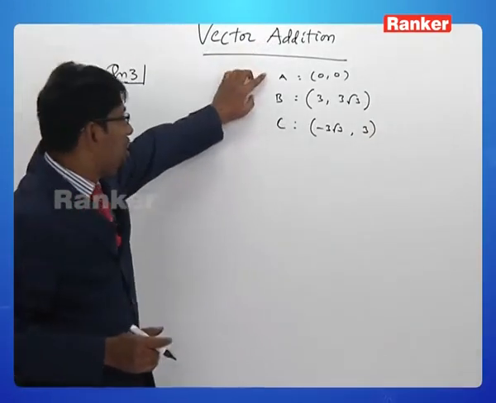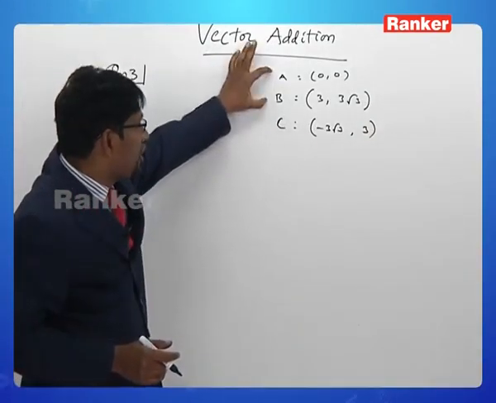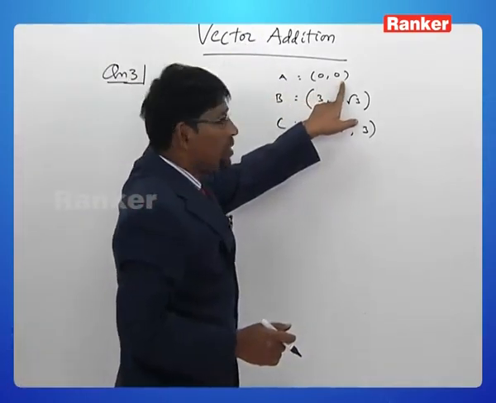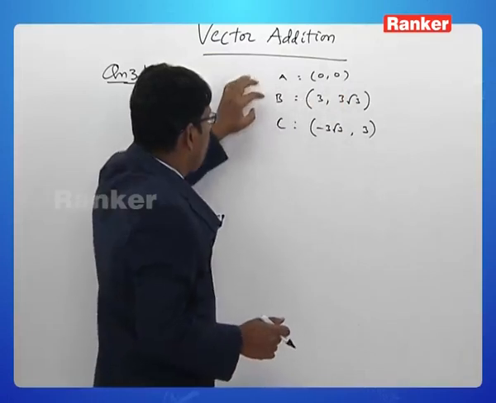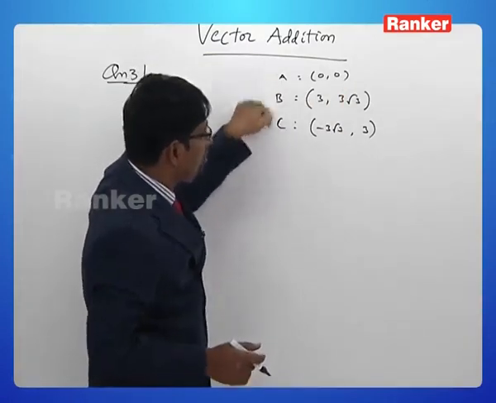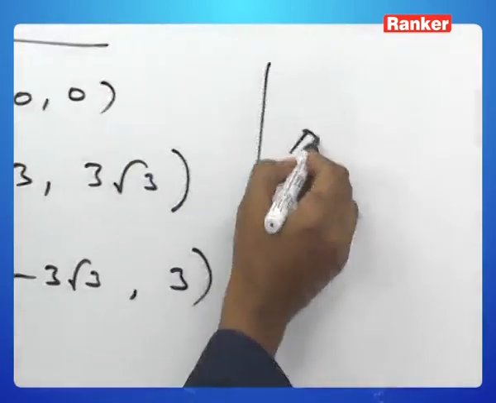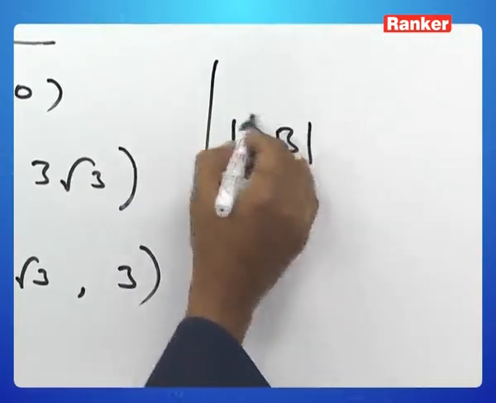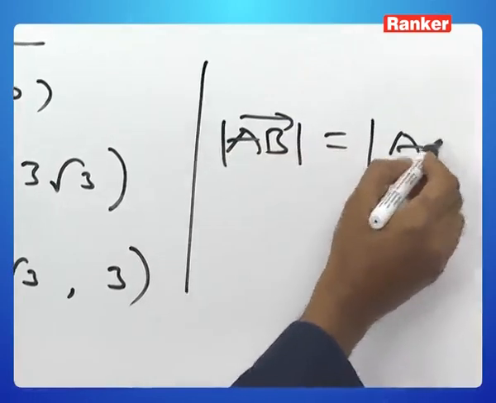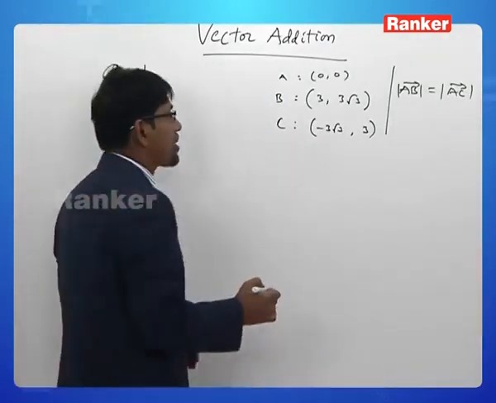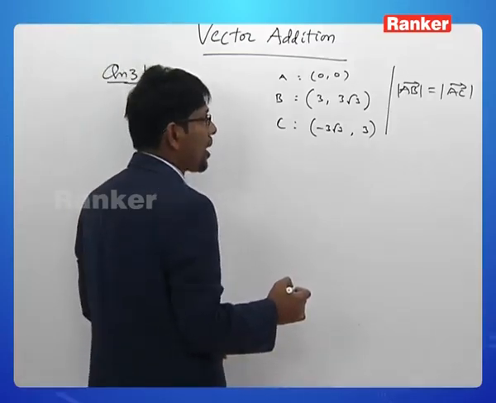Clearly from the observation, if you look at AB, magnitude of AB, that is square root of 3 square plus (3 root 3) square. What about the magnitude of AC? It's also the same. So clearly AB's magnitude is equal to magnitude of AC. So the triangle ABC is an isosceles triangle.